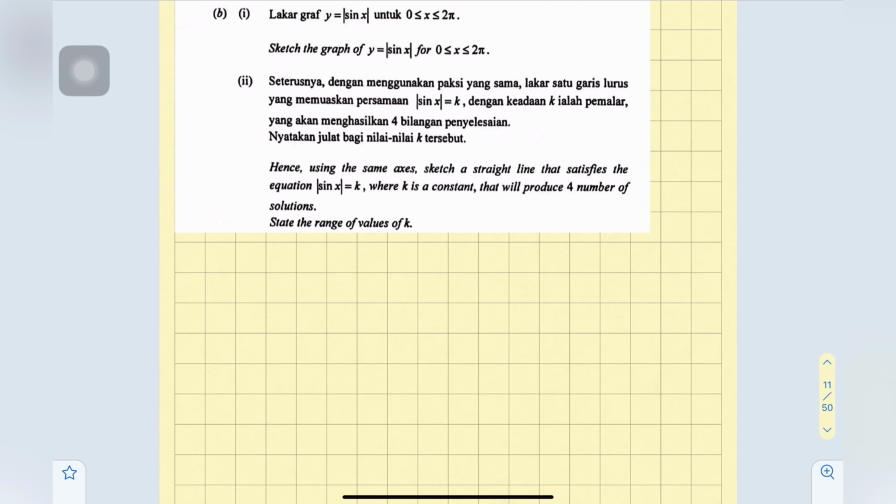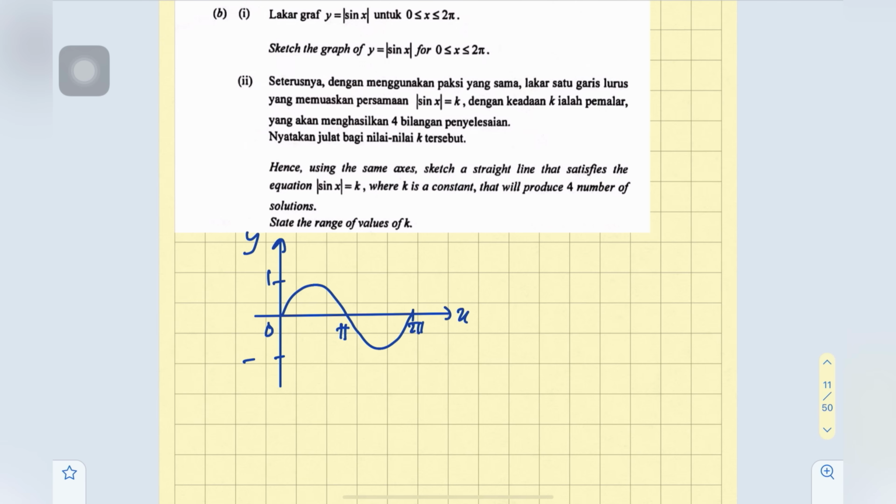B1, sketch the graph of y equals modulus sin x for x from 0 to 2 pi. To sketch, we draw the y-axis and x-axis. This is x, this is y, graph of sine, like this. 2 pi, pi, 0, 1, negative 1. But now we have modulus, meaning that the negative part we reflect about the x-axis.